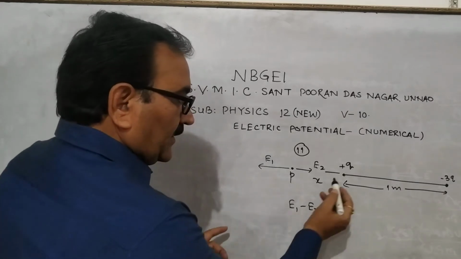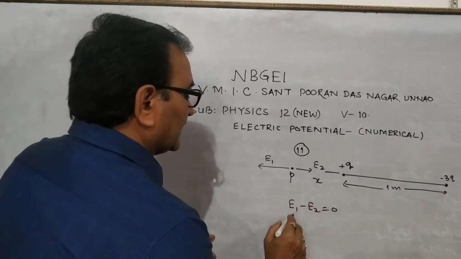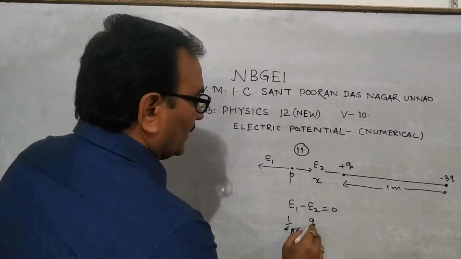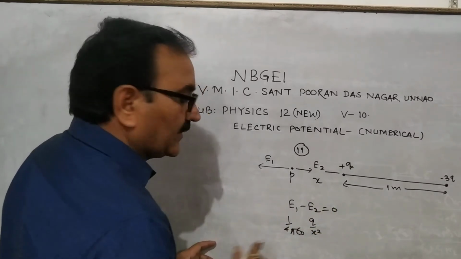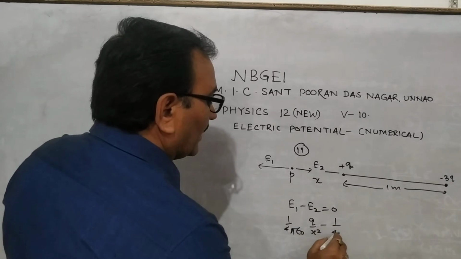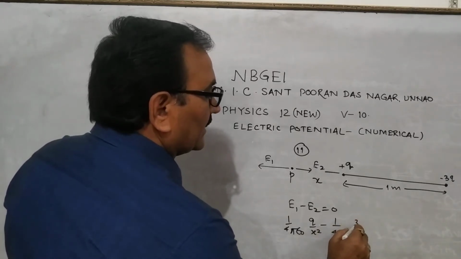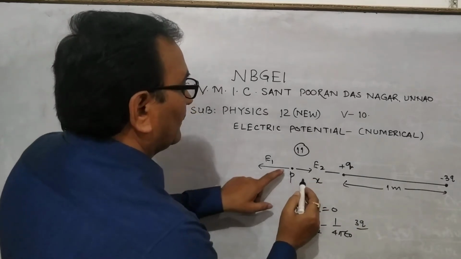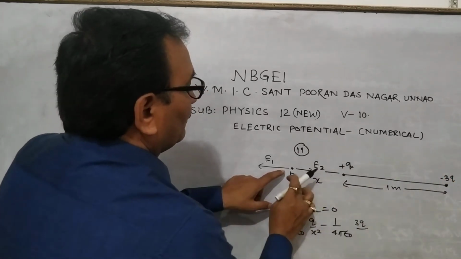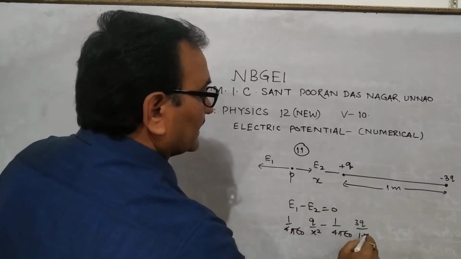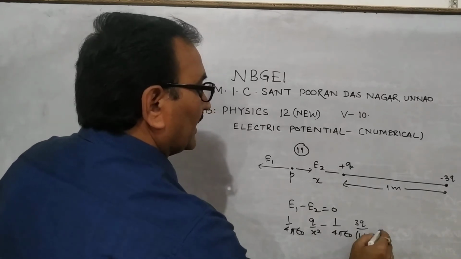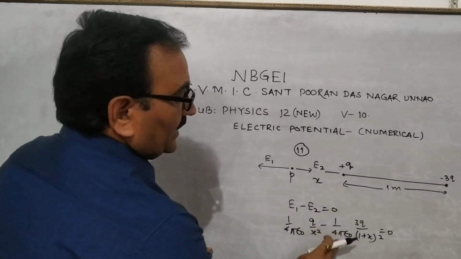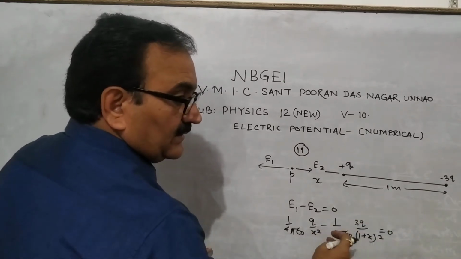So here, due to plus q charge, E1 is 1 upon 4 pi epsilon naught, q upon x square, minus 1 upon 4 pi epsilon naught, 3q upon (1 plus x) whole square, because from minus 3q to P that is 1 plus x, is equal to 0. Now 1 upon 4 pi epsilon naught and q are common, so cancel out.